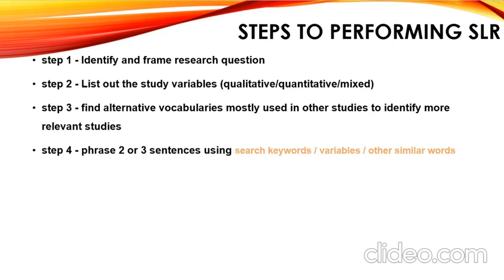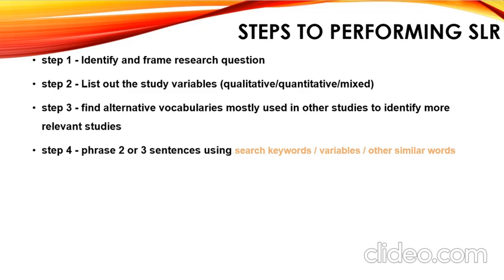Otherwise, you will again go back to the first stage for framing the research question, and you will redesign or reformulate your research problem and restructure your research story. So to avoid this, at the initial stage, be conscious and have more clarity in designing the research question, building your study problem, and getting your study variables.